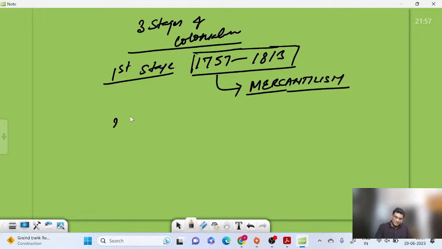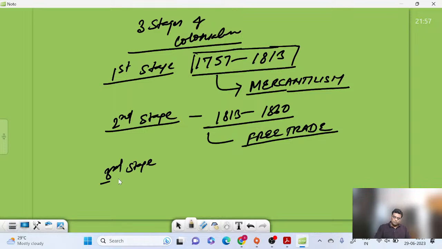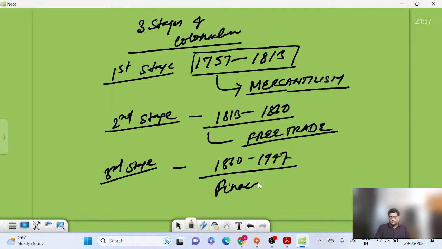Second stage, 1813 to 1860, is free trade. And the third stage, 1860 to 1947, is called finance capitalism.